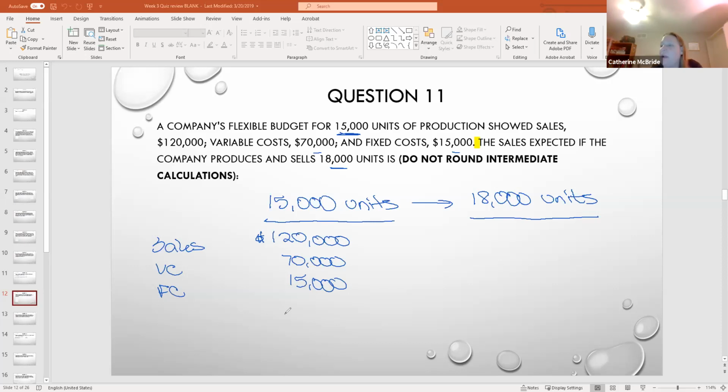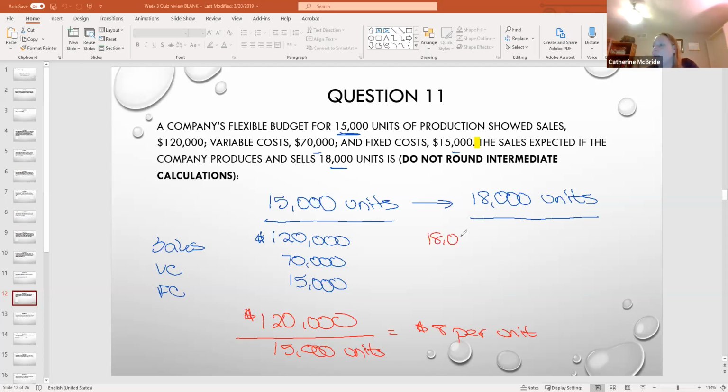We're going to take the $120,000 in sales divided by 15,000 units. So the sales price is $8 per unit. So we're going to take 18,000 units times $8 per unit, which is 144,000.